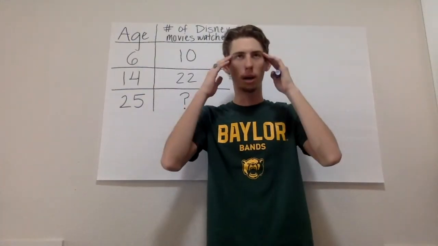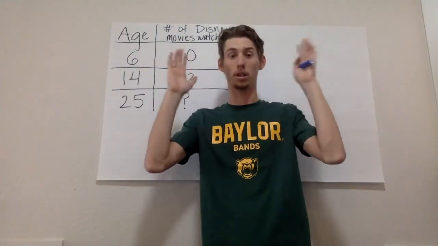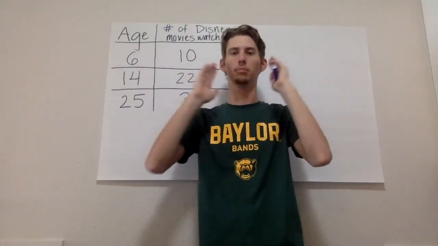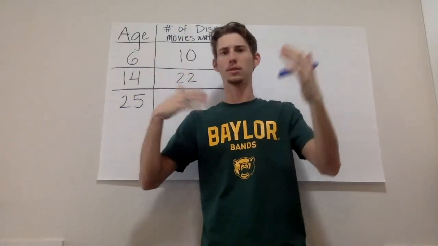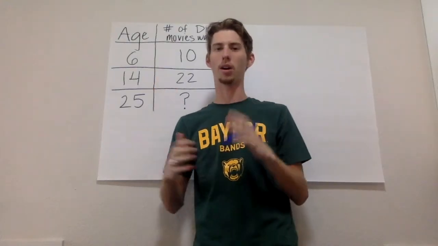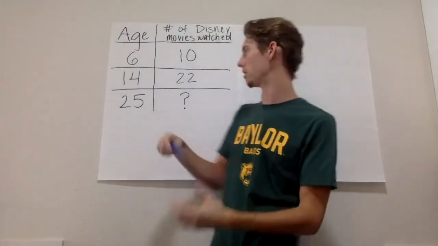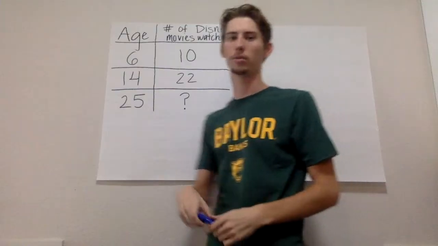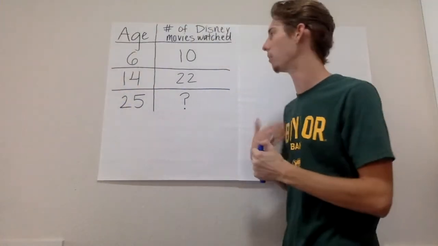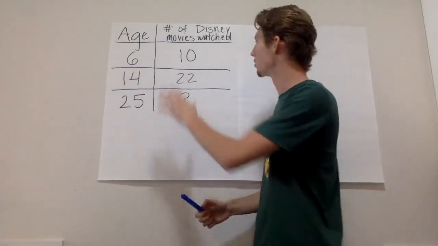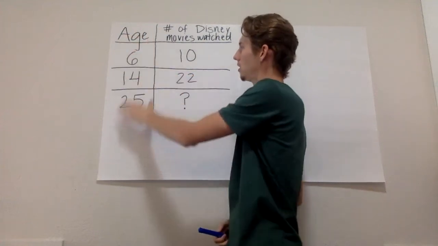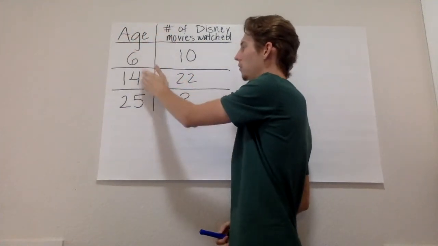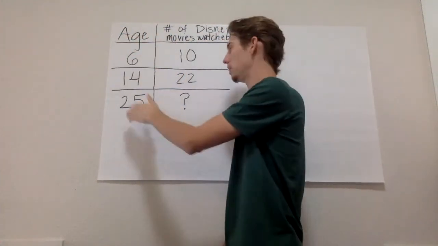I was thinking about it, and I've watched a lot of Disney movies in my time, but I'd love to know about how many I'll have watched by a certain age based on how I've progressed throughout my life. So I've got some ages here from when I was 6 and 14, and then when I will be 25.